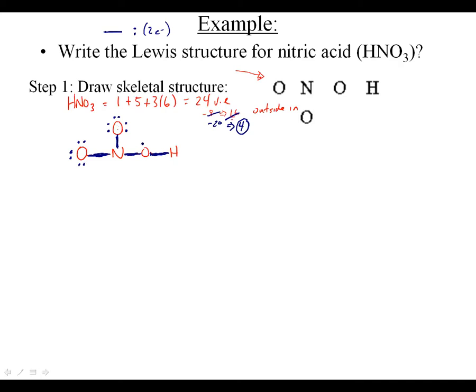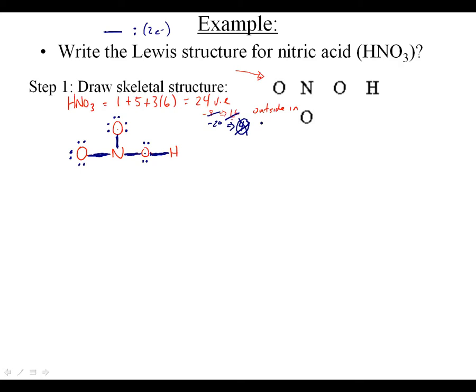So the next outside atom is actually right here. It's that oxygen next to the hydrogen. So we're going to go 2 and 4. And that now will be all 24 electrons posted up here on our Lewis structure.